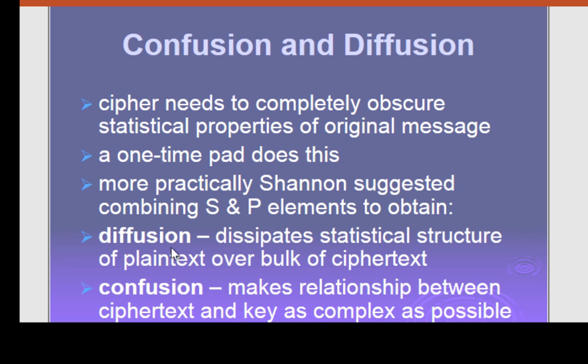That is called diffusion. And confusion makes the relationship between the key and the ciphertext very complex. In the sense, you cannot identify the key by looking at the ciphertext. If you generate such a complex ciphertext, that is confusion. So you can create confusion and diffusion by using these SP networks.